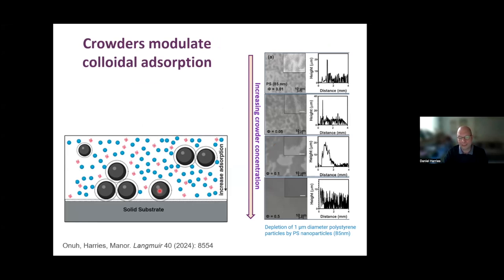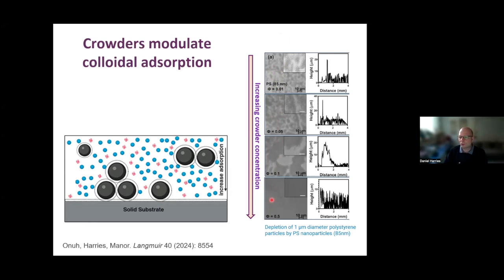So the idea here is that you can also drive an effective association between colloidal spheres, in this case polystyrene, that are crowded by nanoparticles, and that drives the large polystyrene beads to the interface, as you can see by this progression of increasingly larger concentrations of the nanoparticles, and you get stronger and stronger coverage by the polystyrene beads.